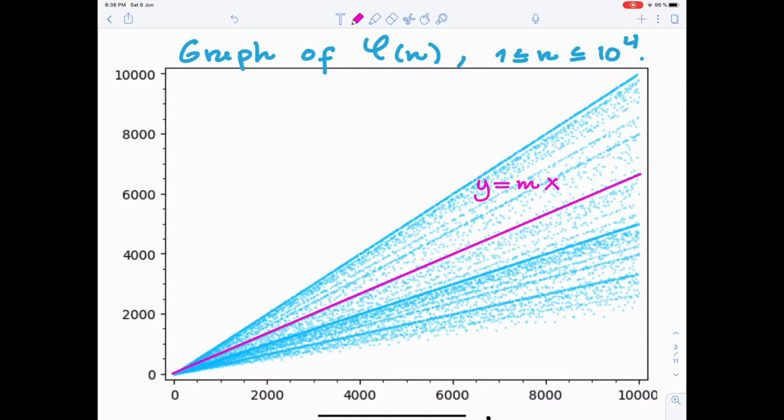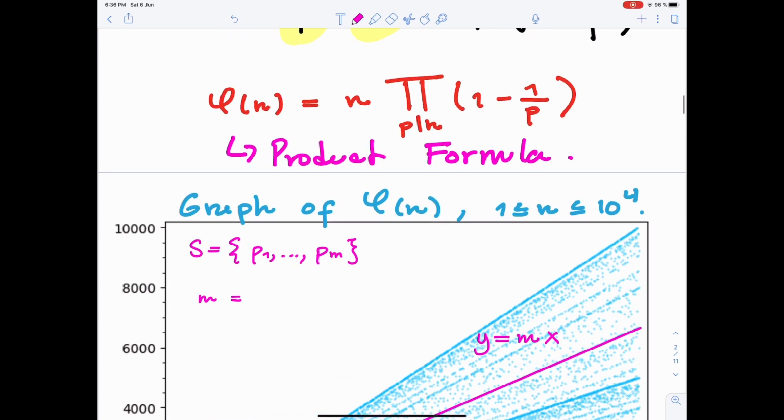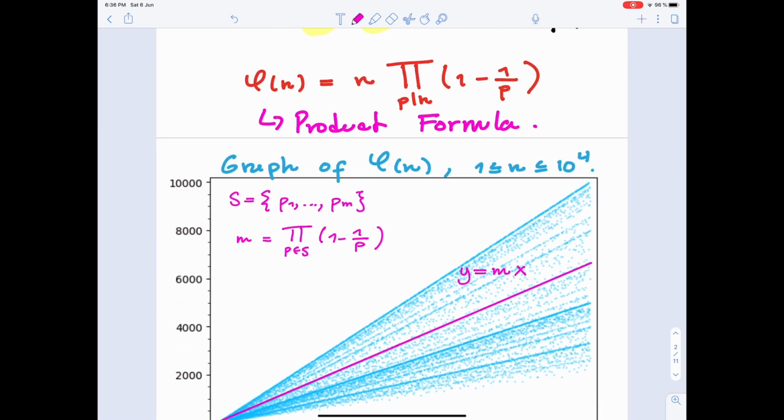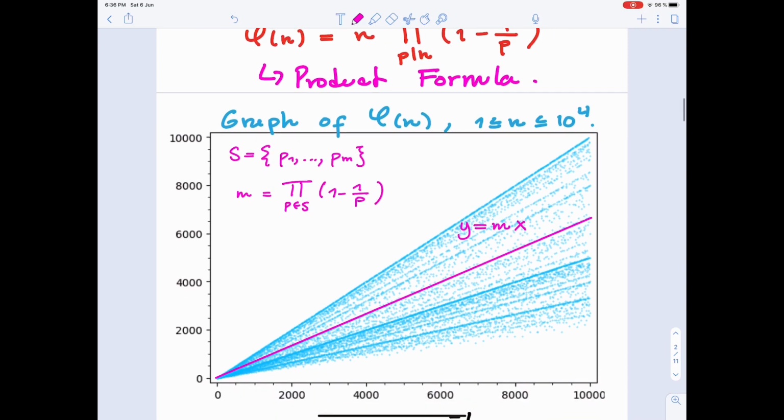Then, if I fix a finite set of primes, so let S be a finite set of primes, say from p1 up to pm, then this slope is going to be the term in the product formula with primes exactly in S. So this is an interesting curiosity.